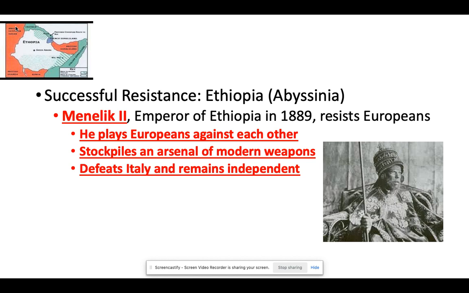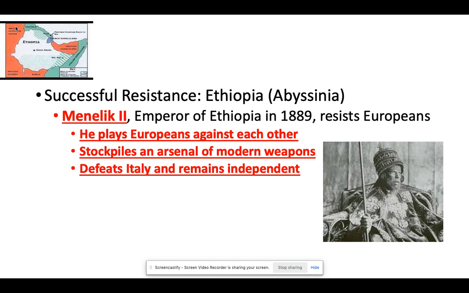and remain independent. Now, this moment in time is crucial for Ethiopia because when we get to Mussolini after World War I, and we look at the rise of Mussolini in Italy and the power that they feel that they have with their connection to Hitler and Germany, Italy will return to Ethiopia.